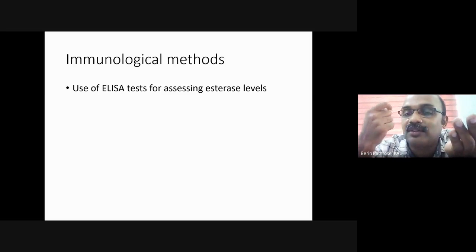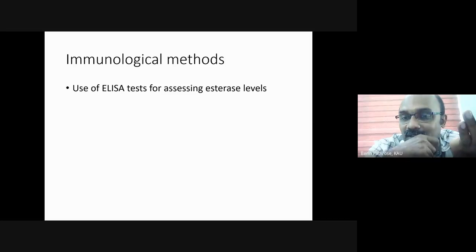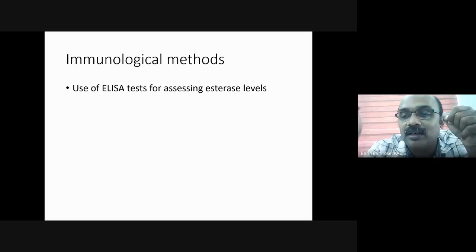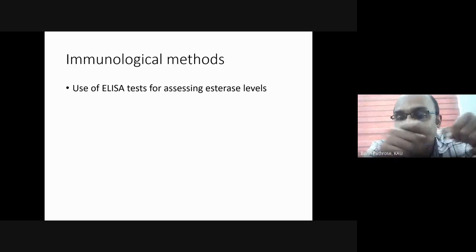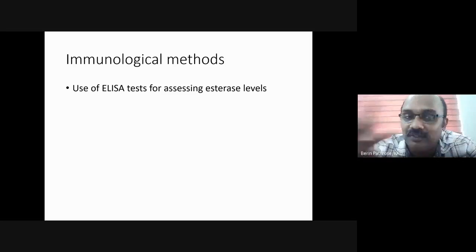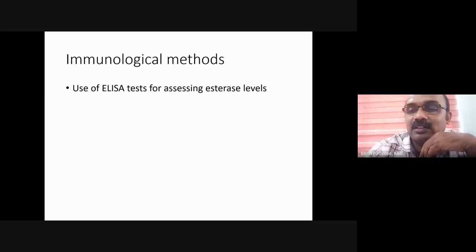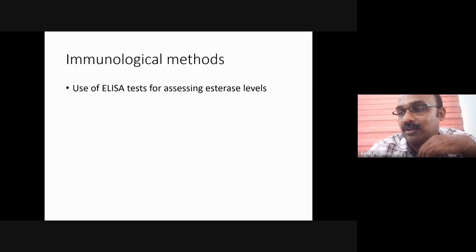If you have corona, the body will have developed antibodies, and that antibody will react with the antigen. If that reaction happens, it will develop a color on the filter paper, and depending on that color, we can determine whether we have corona or not.